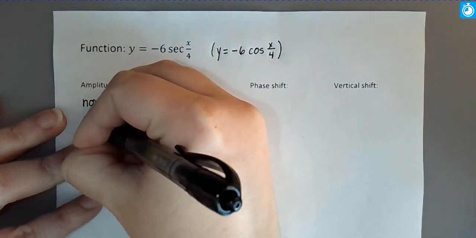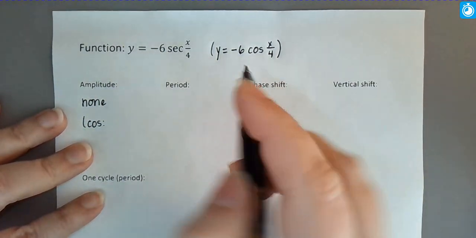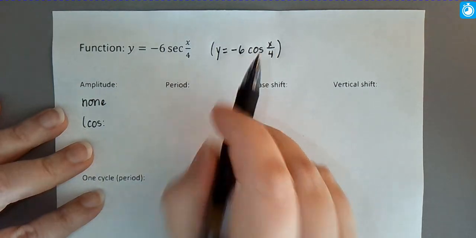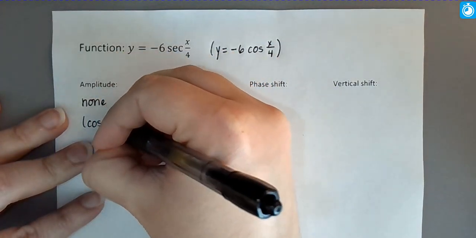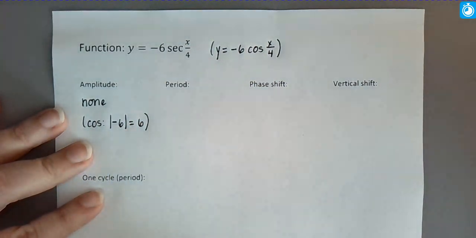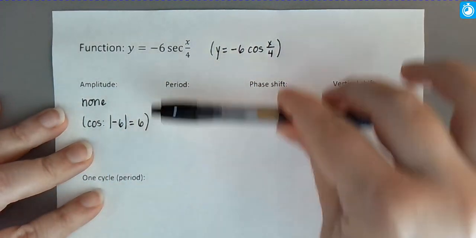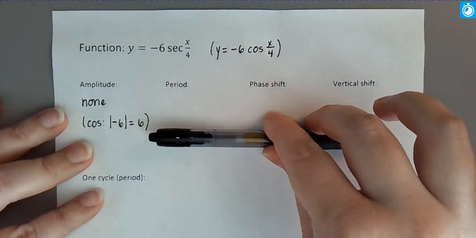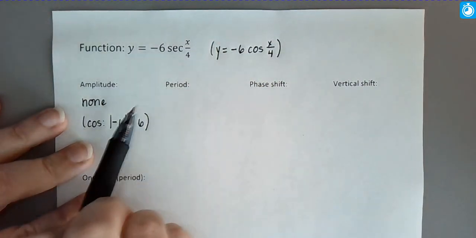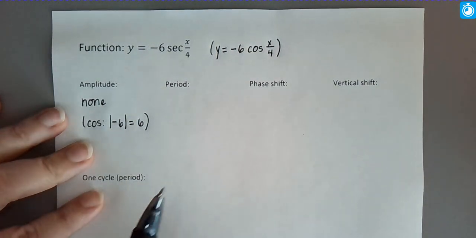However, our cosine function will always have an amplitude, and it's always going to be the absolute value of whatever the coefficient is on that cosine function. In this case, it'll be the absolute value of -6, which is 6. That tells us from the midline, we're going to go 6 units up and 6 units down. It's also worth noting that the negative in front of the 6 disappeared when we took the absolute value.